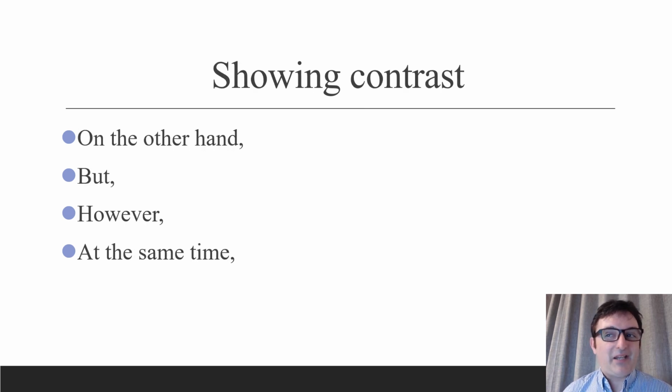The next set are words that show contrast or a different idea, a different opinion perhaps. Those are words like on the other hand, but, however, and at the same time. These are the most common words that you'll find in the Solutions textbook.